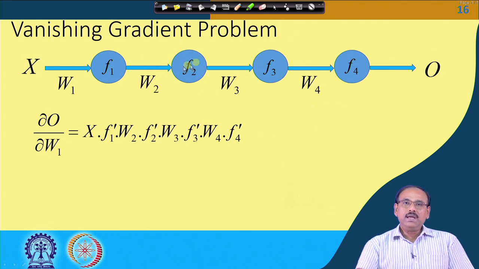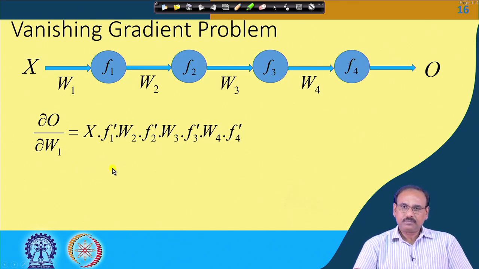So, if you study this product, which is nothing but the partial derivative of the output with respect to the parameter W1, you find that there are various terms which affect this gradient. One of them is f2, f3, f4 and the derivatives of those.